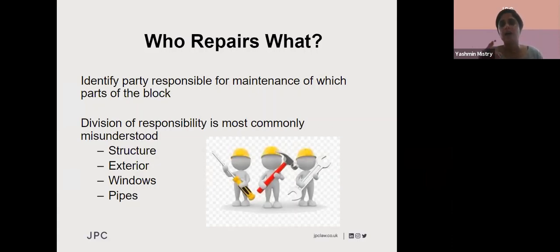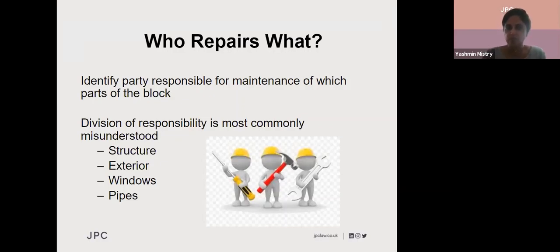And then the second part of that is that the service charge allows you to recover those costs, because it doesn't always follow. In relation to pipes, the thing that we normally get asked about is whether the leaseholder is responsible for the pipes or whether the landlord is. Again, each lease is distinct and separate, and they have to be checked individually on a case-by-case basis.